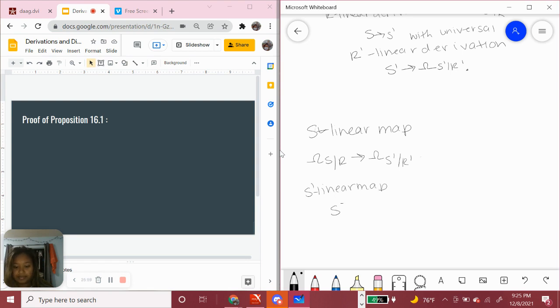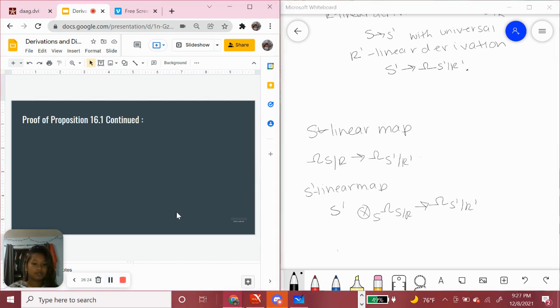And we will get S prime tensor functor S, Omega S over R, mapping to Omega S prime over R prime, which is its equivalent counterpart. And that's all that I have to prove Proposition 16.1.